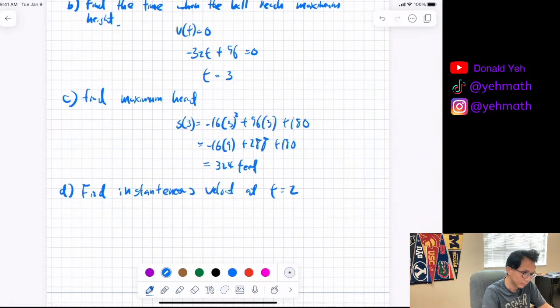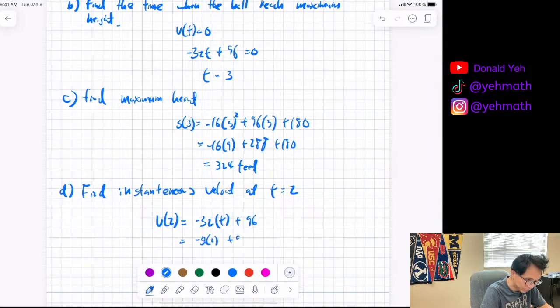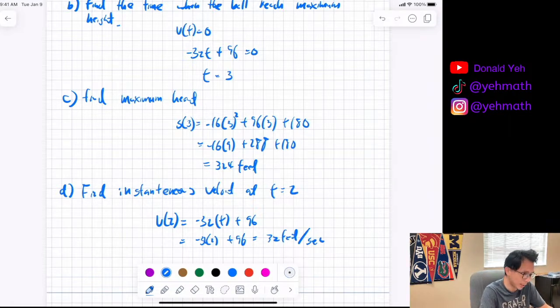Just plug 2 into negative 32t plus v0, which is 96. So can I just plug in 2? That's equal to 32 feet per second. Now you also have to include units.